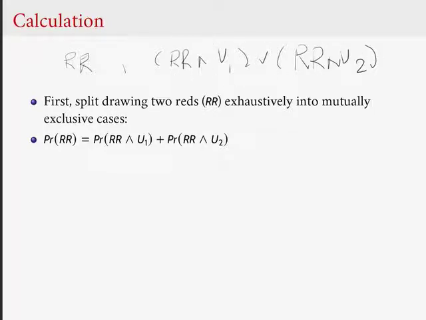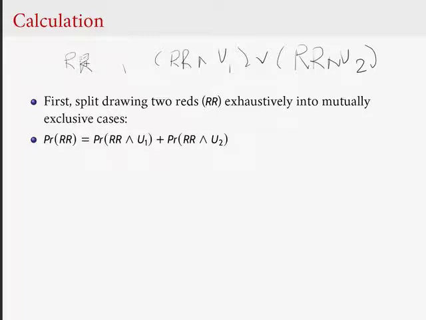And now furthermore, because each of these disjuncts are mutually exclusive, that is, you can't be drawing from both urn 1 and urn 2, you have to be drawing from one or the other, the probability of the disjunction is equal to the sum of the probability of the disjuncts.